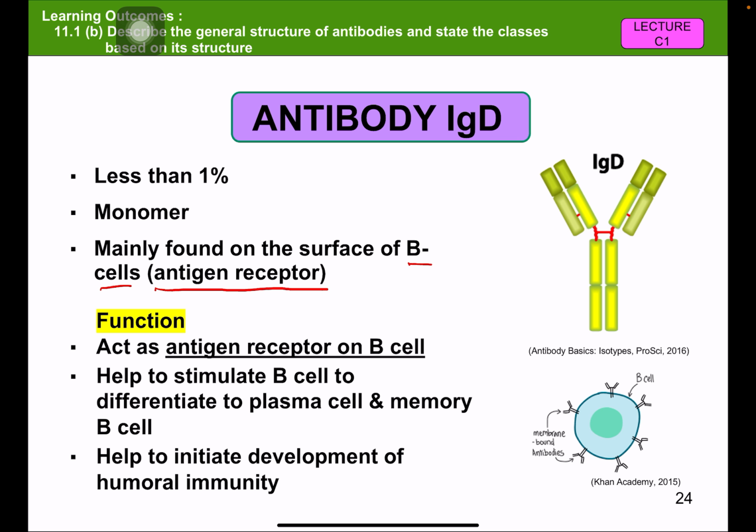You can see here is the B cell, and this is the antibody. It helps to stimulate the B cell to differentiate into plasma cell and memory B cell, and it also helps to initiate development of humoral immunity.